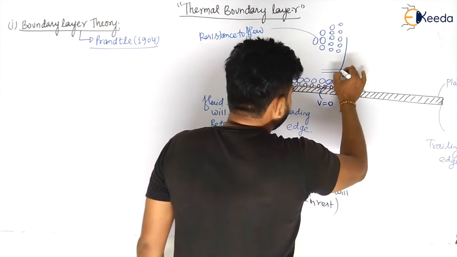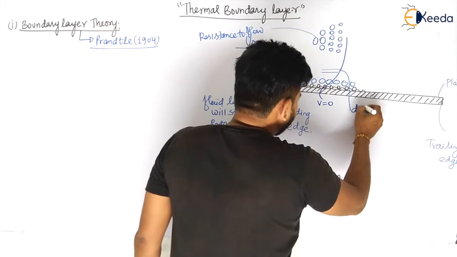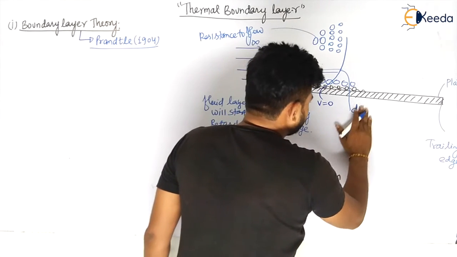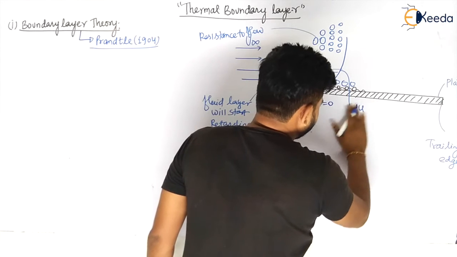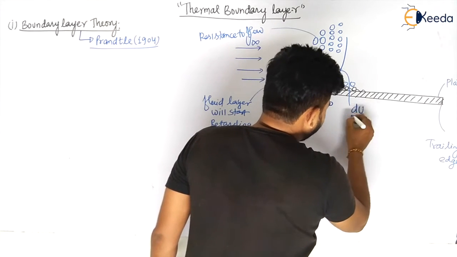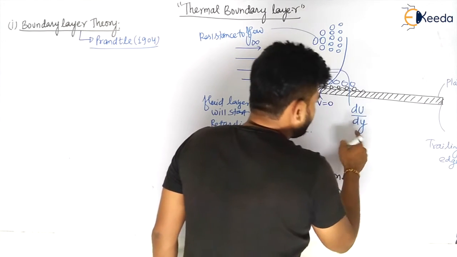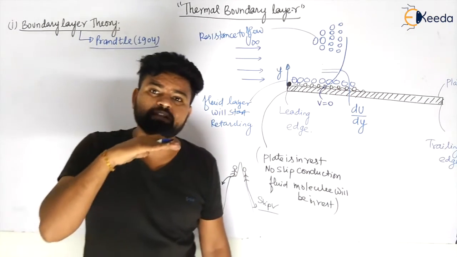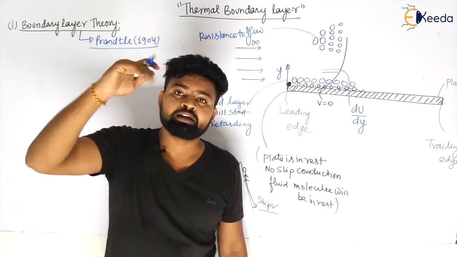So if I assume this direction to be y, there will be some velocity gradients, we can say del u by del y, in the y direction.